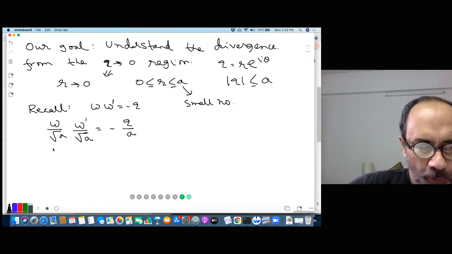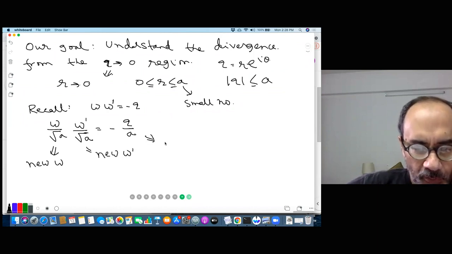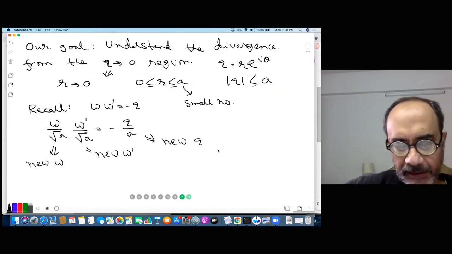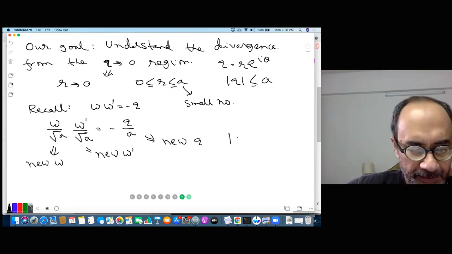And now we call this our new coordinate system: new w, new w prime, and our new q. With this, we can just restrict to q less than or equal to 1. So that's standardized.